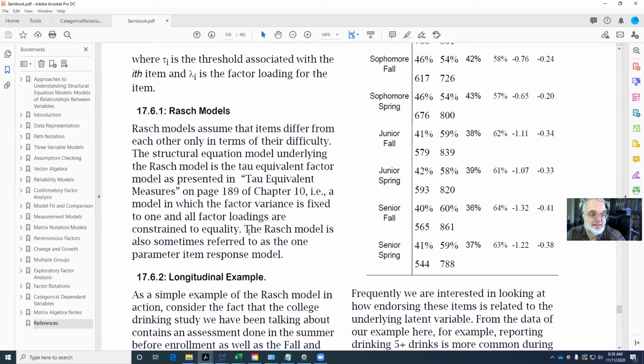So that means that the individual items cannot differ in terms of their discrimination. Rasch models are pretty easy to calculate, and they're generally more popular in areas of classroom assessment where you have a relatively small number of people. And the primary thing that you want to do is identify people at higher and lower levels of the latent variable.